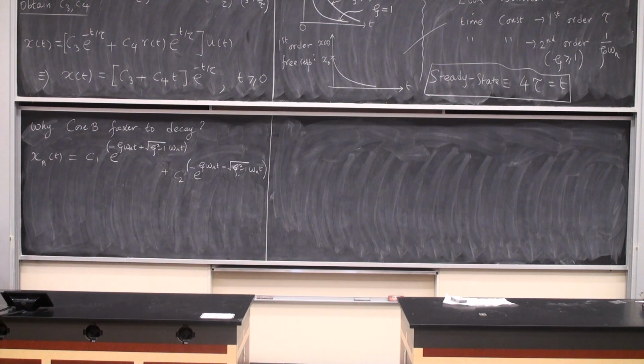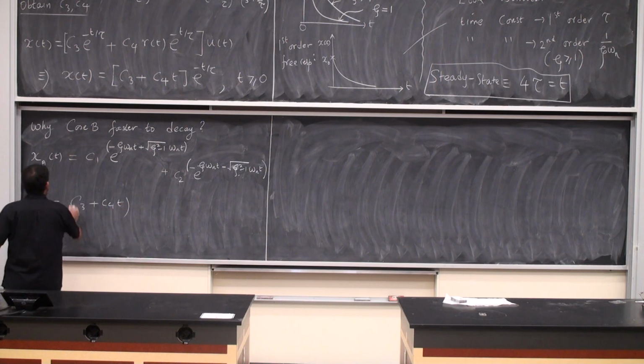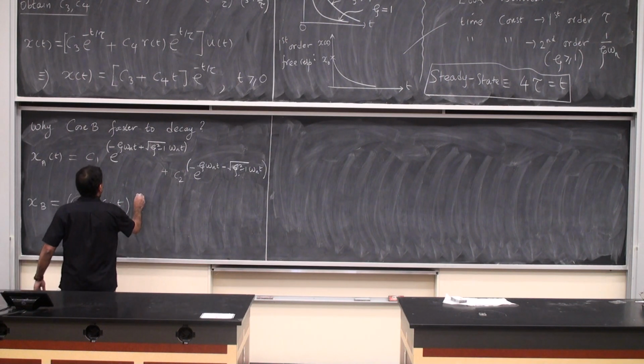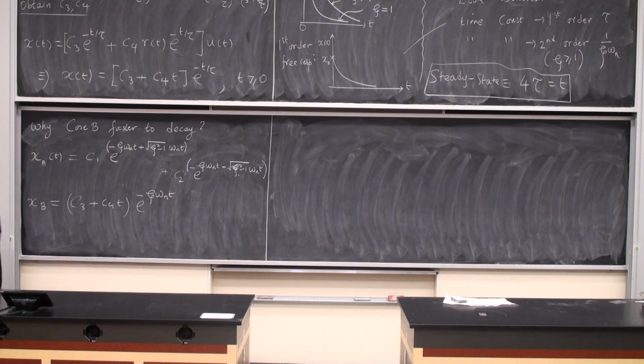Okay, this is the solution for system case A. Case B is some C3 plus C4t e to the power minus theta omega nt. Okay, this is the situation for case B.